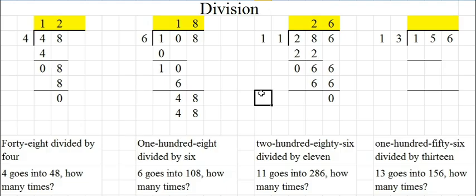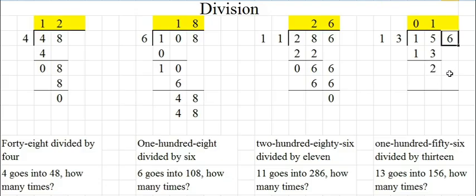So my next and last one. I have 156 divided by 13, or I could say 13 goes into 156 how many times? 13 does not go into 1 and leave a whole number, so I'm going to put a 0 there. That's basically a placeholder. 13 does go into 15 one time. 1 times 13 is 13. I subtracted 15 minus 13 is 2.